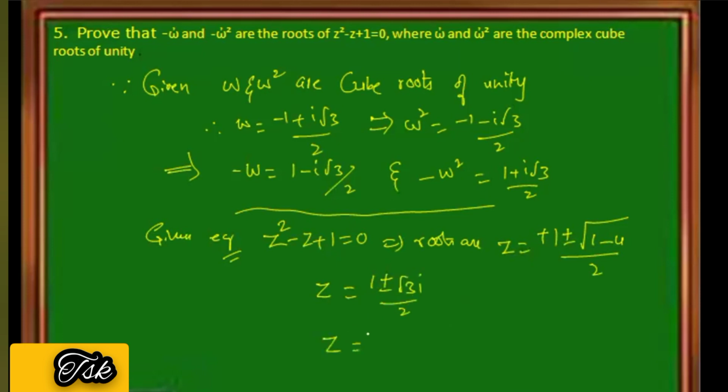So z is equal to 1 plus root 3i by 2 and 1 minus root 3i by 2. So this is minus omega square, and this is minus omega. Therefore, z has two roots: one is minus omega and the other is minus omega square.